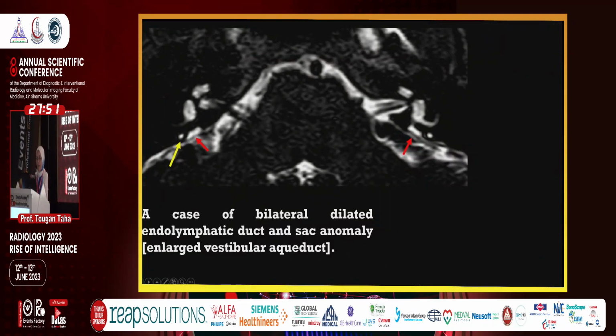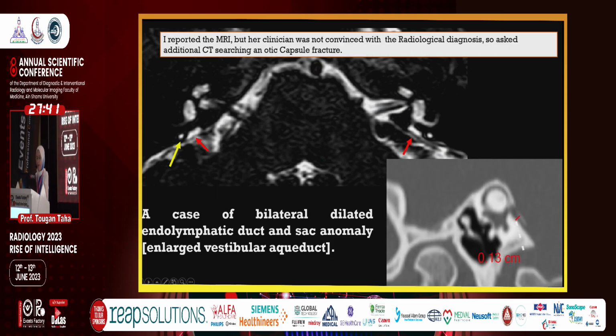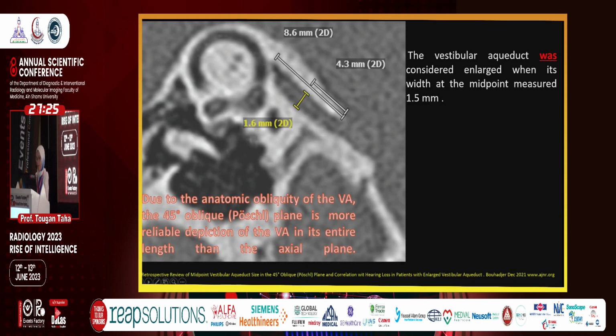I report this as a case of bilateral dilated endolymphatic duct and sac anomaly, or what is known as enlarged vestibular aqueduct. The clinician was not convinced by my report and asked for CT, searching for an otic capsule violating fracture, and this sagittal oblique view confirms the enlarged vestibular aqueduct.